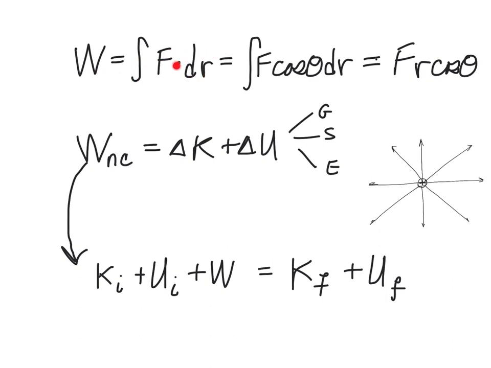Well, you have to know what the dot product is, but we've seen that a lot in physics, and it's simply the product of two vectors. These should be vectors. There's your vector symbol. The F times the cosine of theta times the dr. It's the force times the little displacement vector times the cosine of the angle between them.